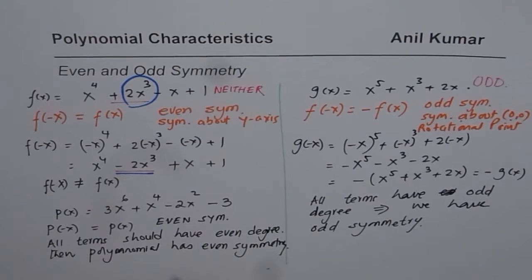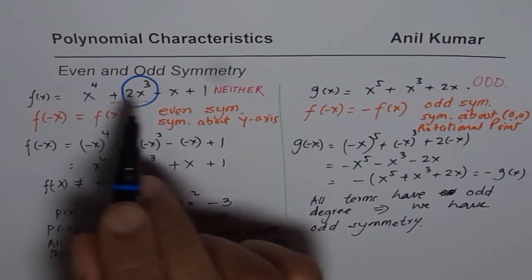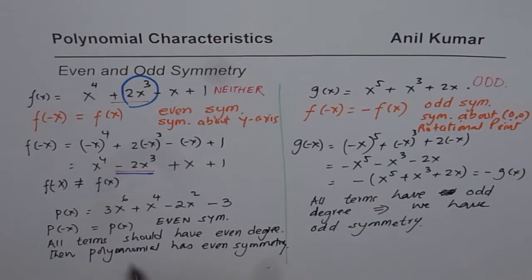Now, as an exercise, can you give me examples of polynomials with even and odd symmetry? Let me give you the ones which are the simplest of all. For even symmetry, the simplest is a constant. For example, if I write y equals 5, then it has even symmetry, right? It is always 5, symmetric about the y-axis, a horizontal line.